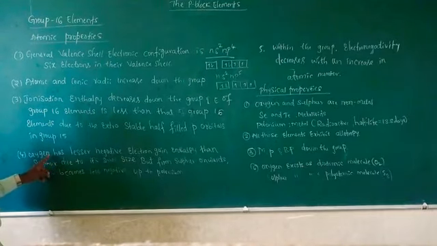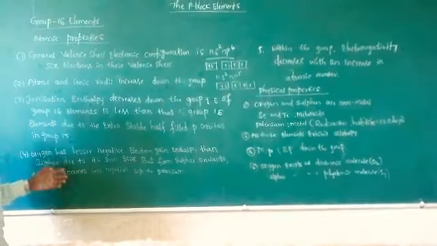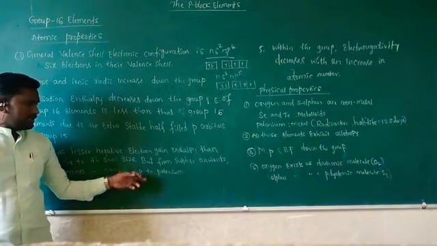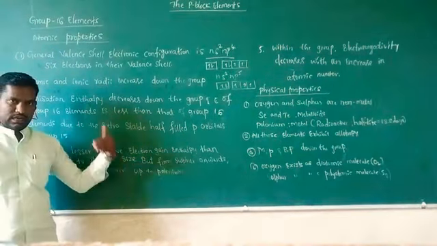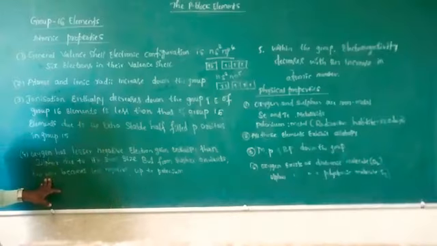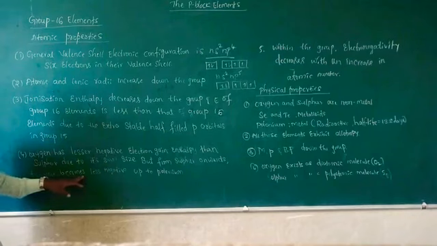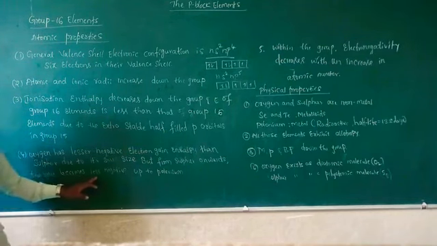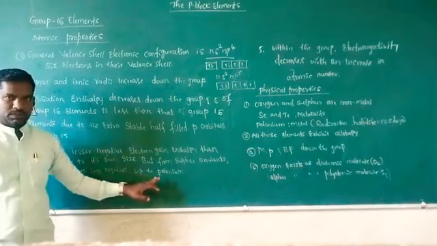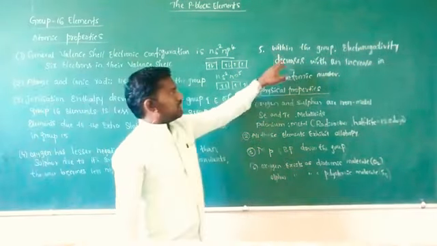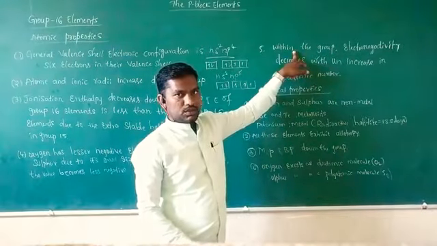Compared to sulfur, oxygen has a lesser electron gain enthalpy due to its smaller size. From sulfur onwards, through selenium, tellurium and polonium, the electron gain enthalpy value becomes less negative up to polonium.